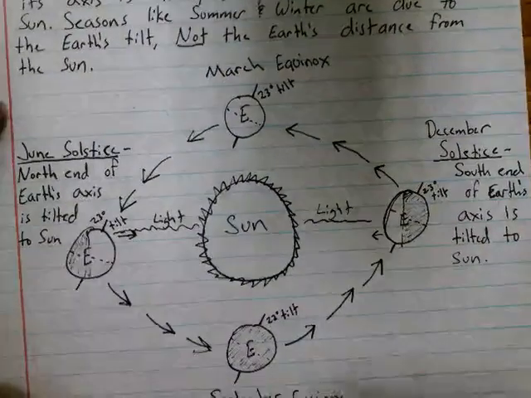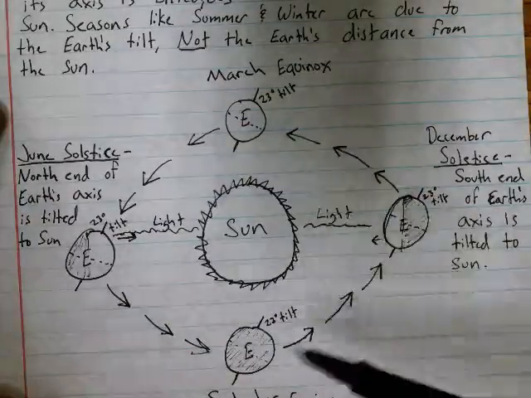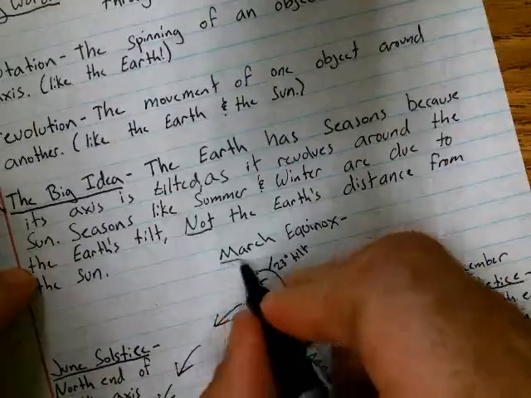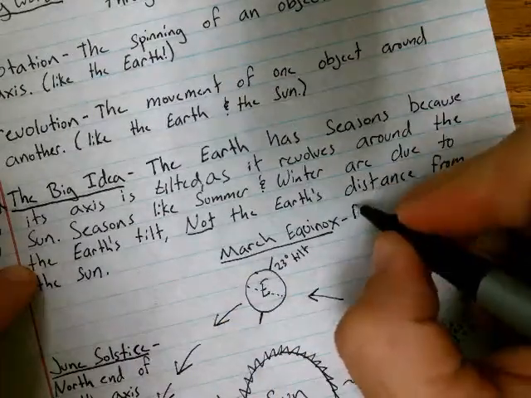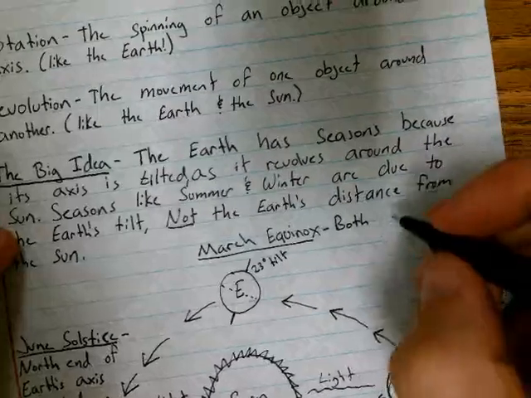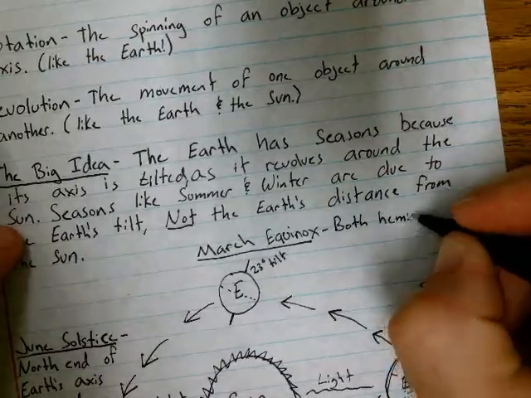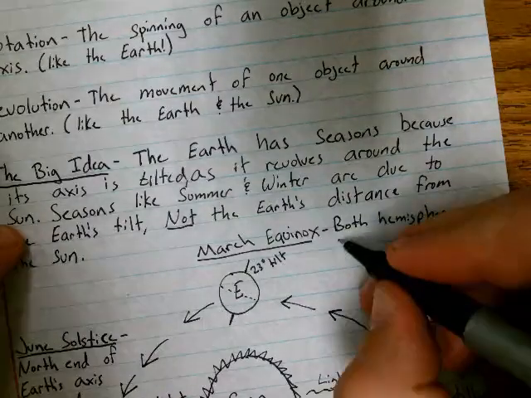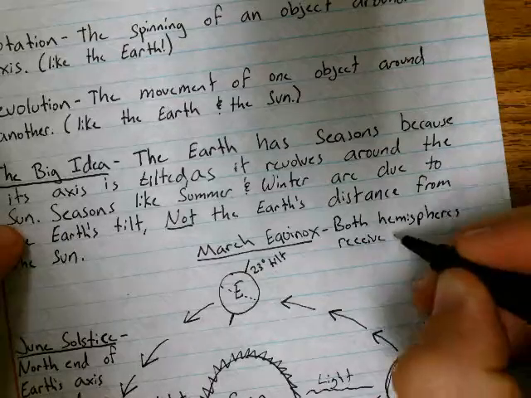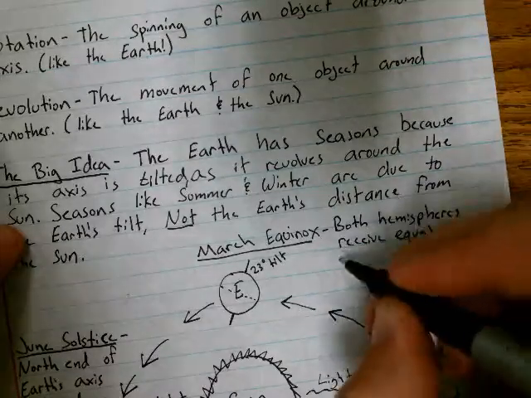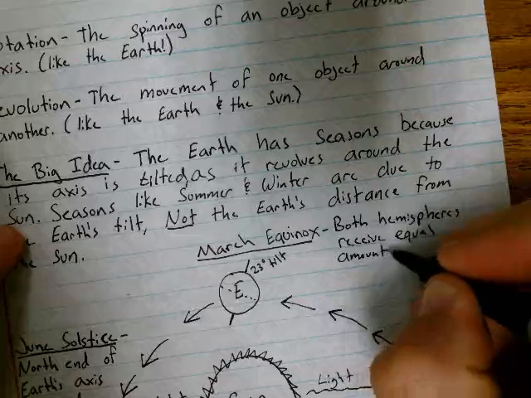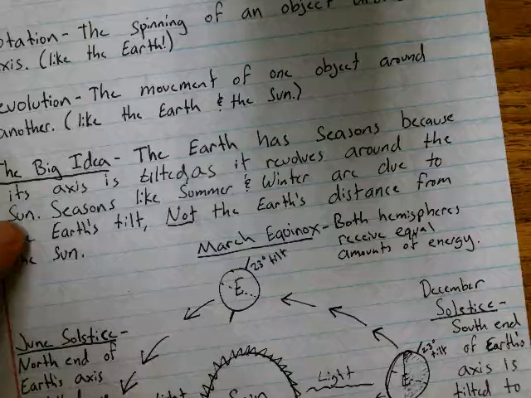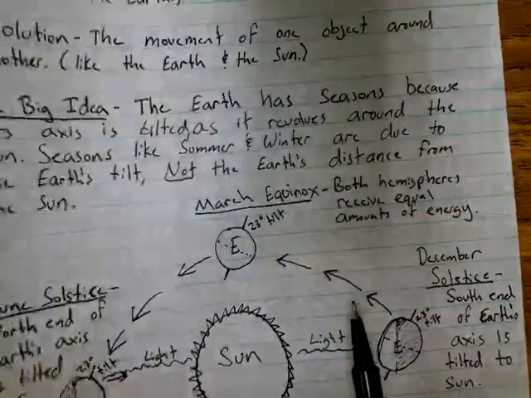And then for both equinoxes, both hemispheres receive equal amounts of energy. Both hemispheres receive equal amounts of energy.